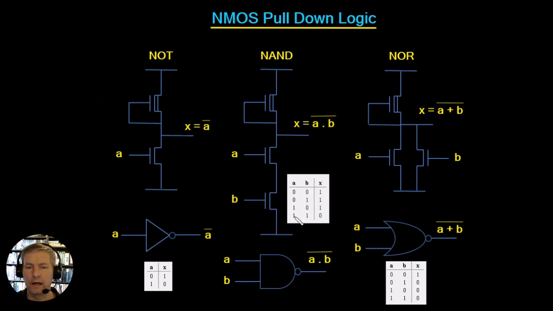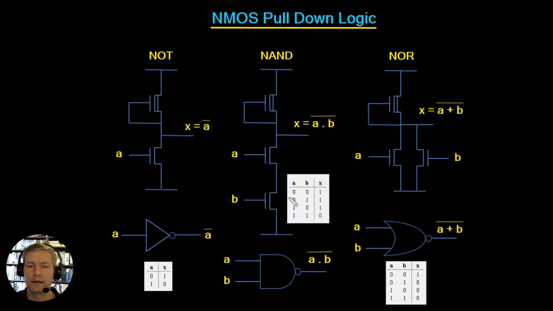When A goes high and B goes high, this point gets connected down to ground, so this point goes low. But if either the A or B or both of them are low, it means that there isn't a connection between here and ground. So if there isn't a connection between here and ground, this point remains high.